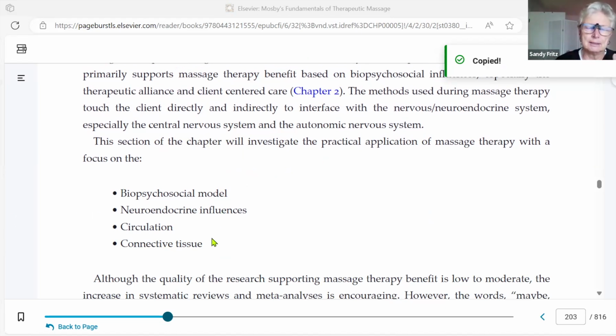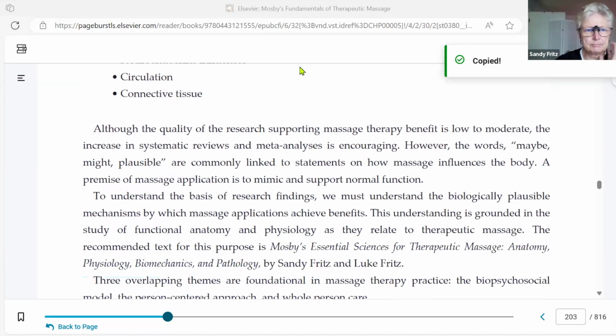You can't separate neuroendocrine influences from circulation and how it is going to affect a person's perception of their world at that moment. It's a unifying sort of thing that's dynamic. Okay.